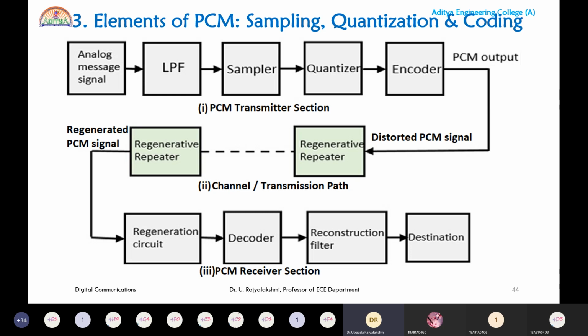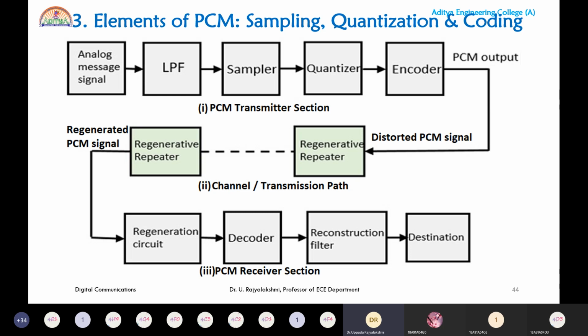So in the PCM transmitter, if you observe what is going on, analog message signal. Always remember that the input for the PCM is analog signal. Message signal is analog in nature. That analog signal should be converted into digital data. That is the principle of the PCM transmitter.